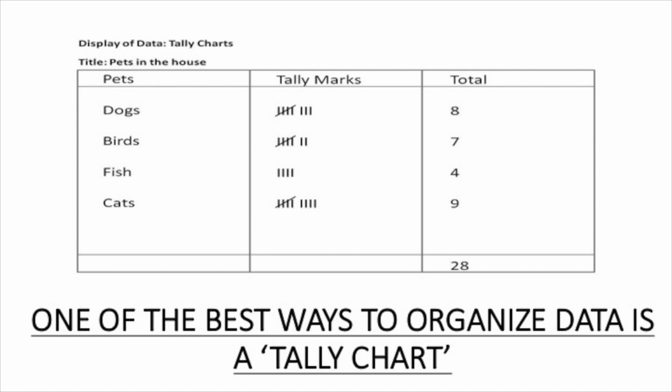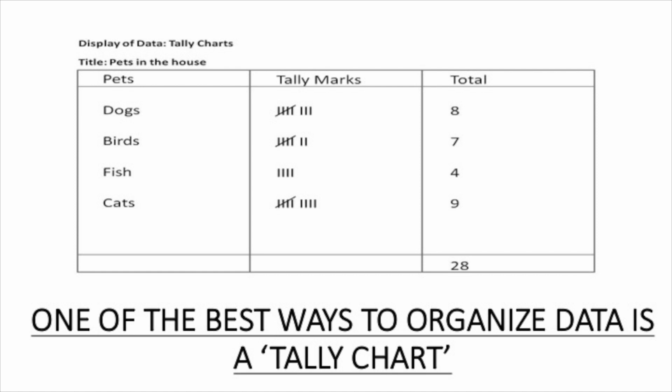So, how many dogs do we have on our survey? 8. You can see a tally mark of 5 plus 3 more tally marks. 5 plus 3 equals 8. How many birds? 7. Tally mark again of 5. You see, as soon as you see the line going across, we don't need to count. We know that's 5. If we see this, we automatically know 5.